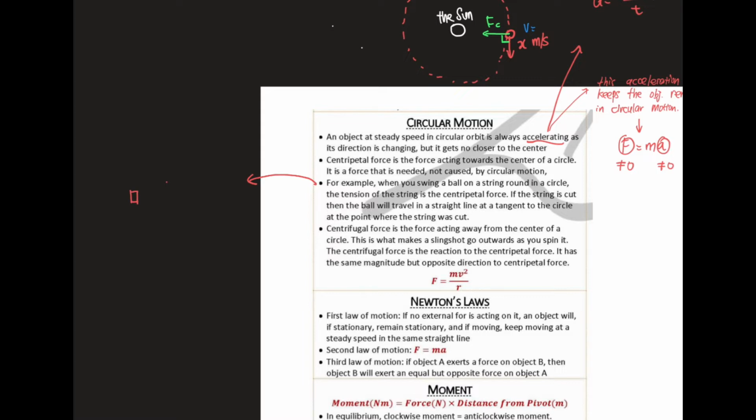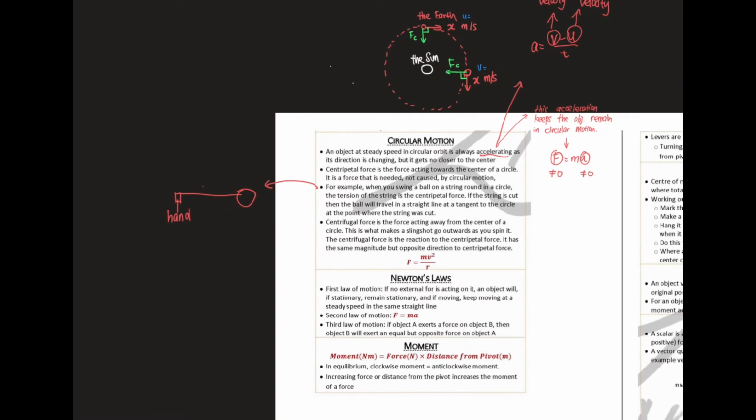So let's say you have your hand and your ball. This is your hand, and you make the ball move in circular motion, because you are swinging it.